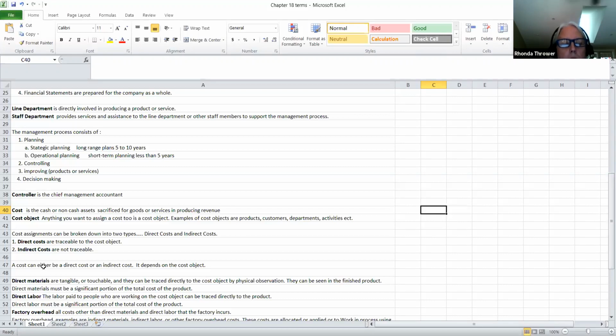But direct materials are an example of a direct cost, a cost that we can actually trace to the cost object through physical observation, and they are usually costs that are a significant, material portion of the total cost of the product. That's what we call direct materials.